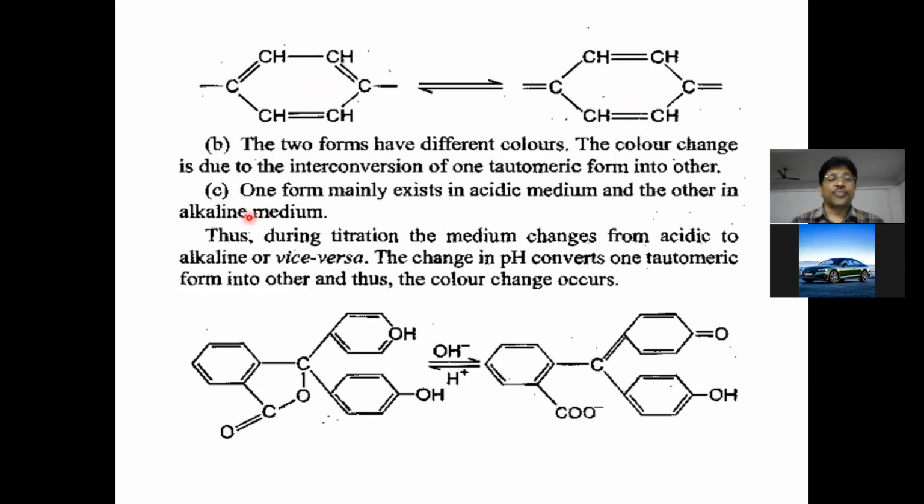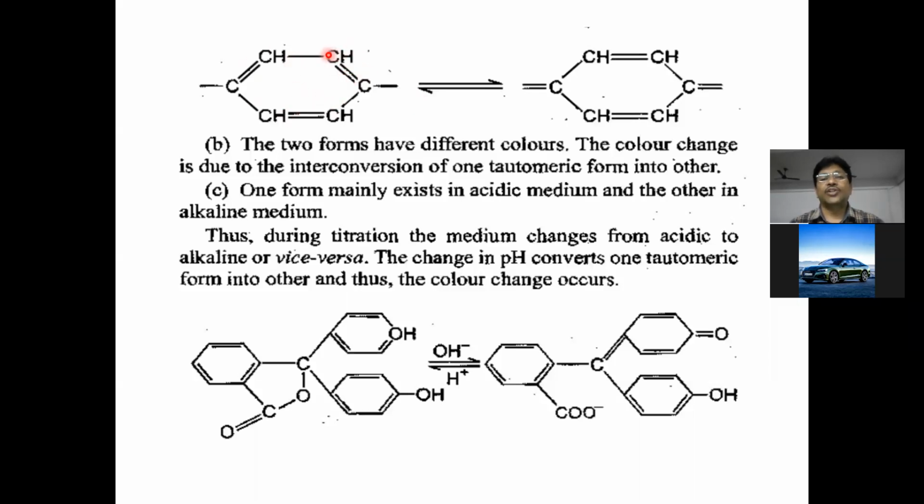Next, the two forms have different colors. Benzenoid form has one color, quinonoid form has another color. The color change is due to the interconversion of one tautomeric form into the other tautomeric form. Tautomerism means, as I told you, what will transfer from one atom to another atom?